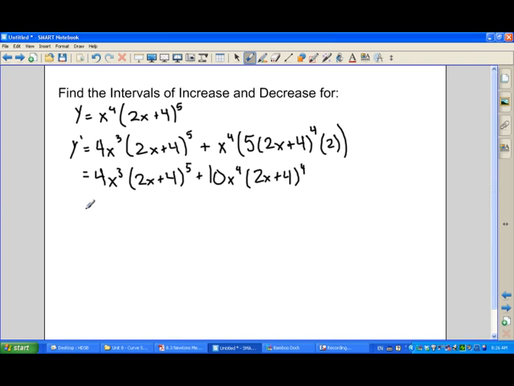And then I'll common factor. I can common factor out a factor of 2x cubed and a factor of (2x plus 4) to the 4th. And that leaves me with 2 times (2x plus 4) plus 5x.